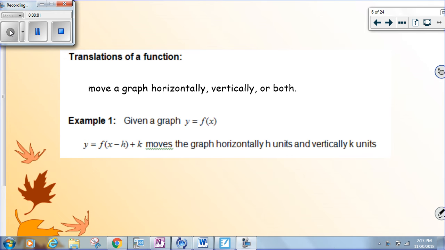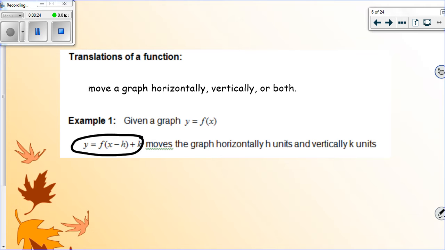Right, we talked in class, or discovered in class, a little bit about translating linear functions and how that relates to our point slope form, which we've done so much. So if you think back to what we did in class, how do we translate a function horizontally, vertically, or both? Well, we can use this equation right here, y equals f of x minus h plus k, which moves the graph horizontally h units.